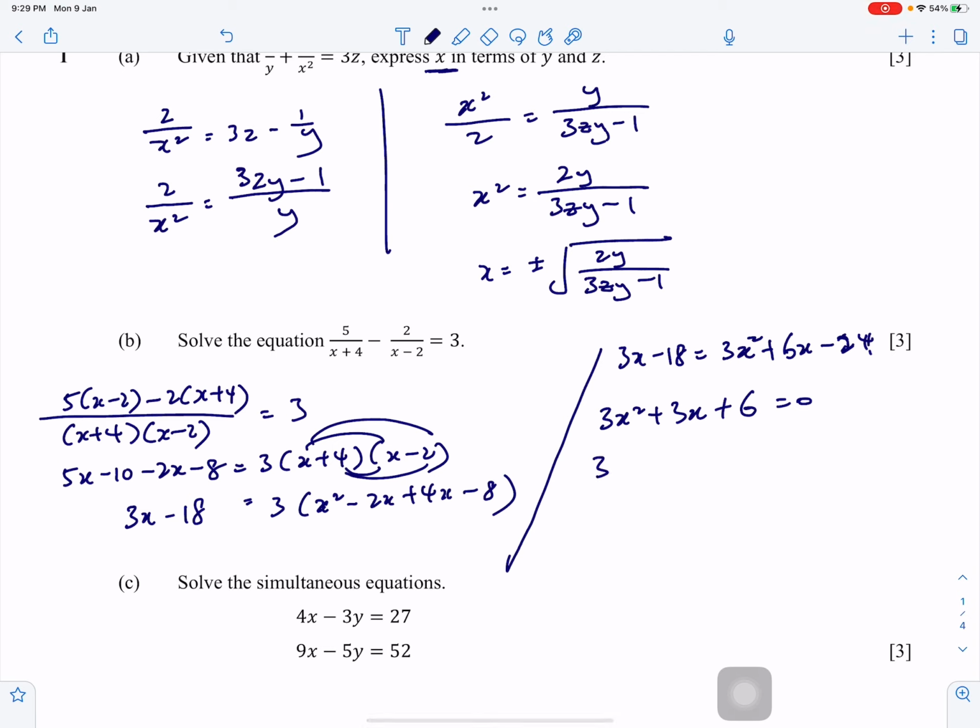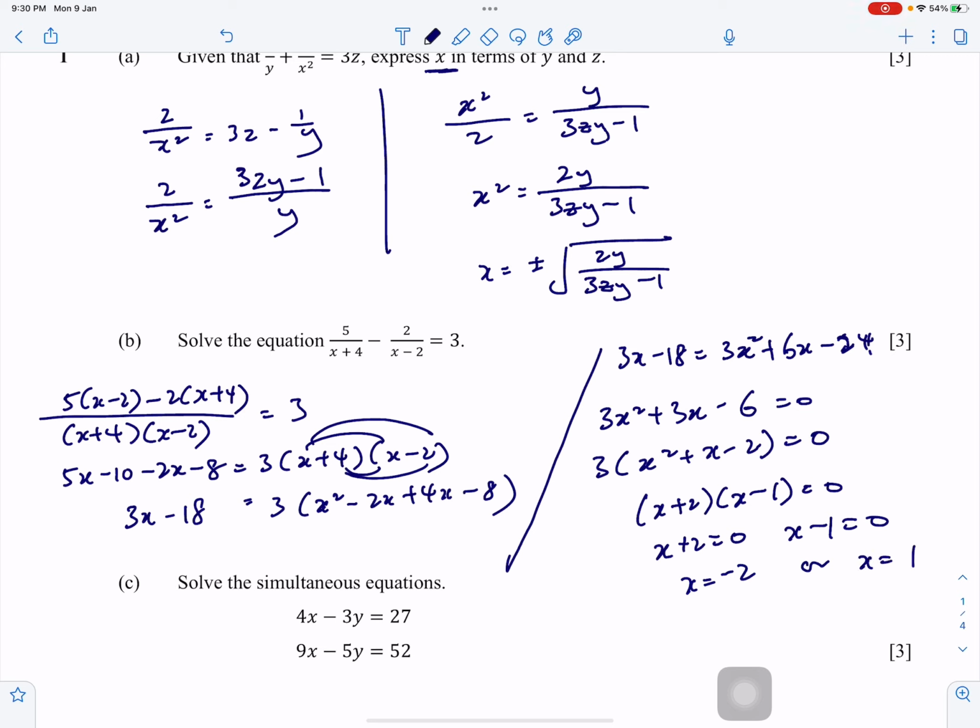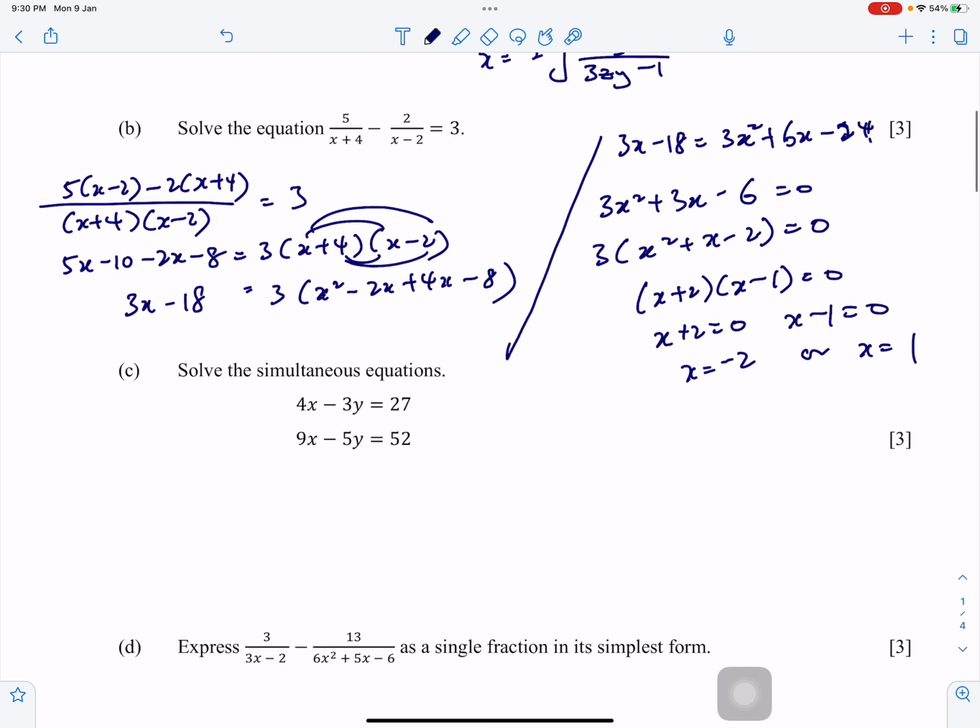Factorize the 3 out. I hope that you got part B yourself correctly. I made a careless mistake just now, in my attempt to cut short the method.